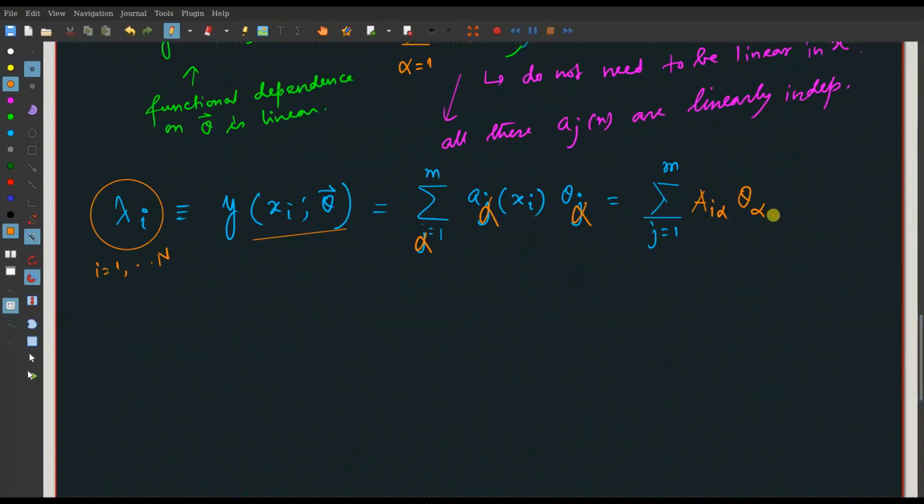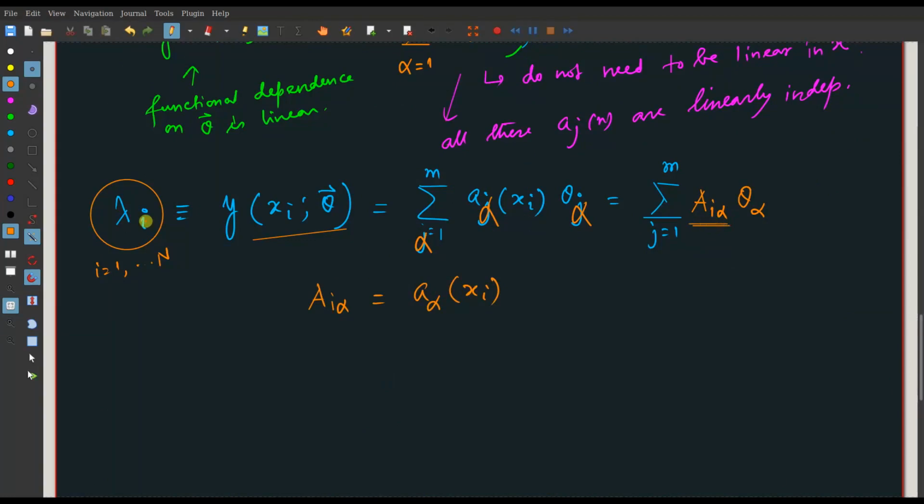All right. So this is how I write it. I define a matrix called A i alpha. The matrix element is defined as A i alpha equals A alpha at xi. Notice that it is not necessarily a square matrix.